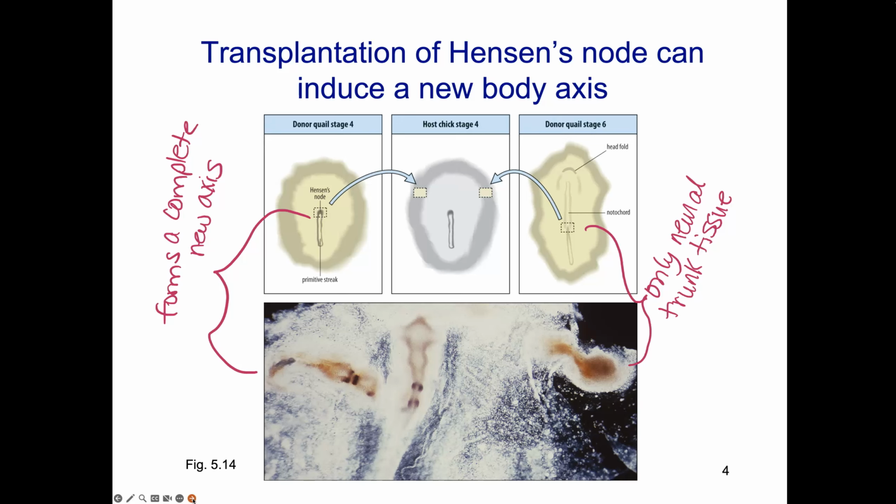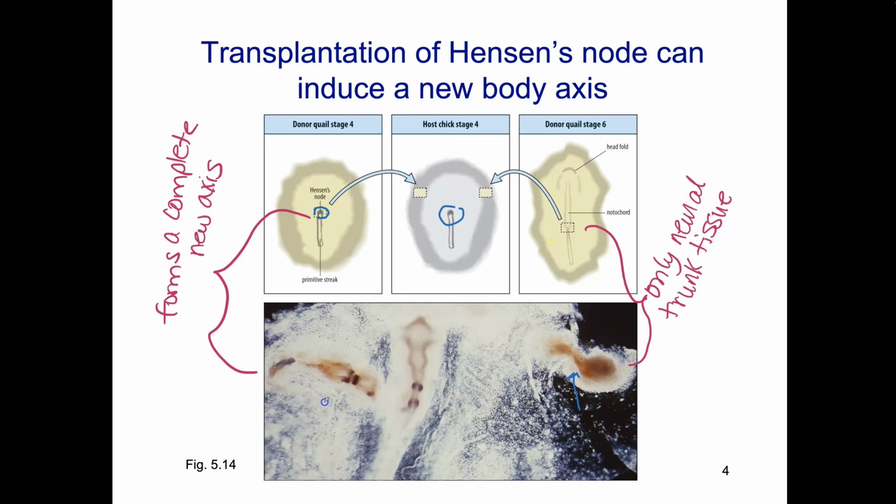Hensen's node is not like that. You can transplant a quail Hensen's node into multiple locations in a chick embryo with the Hensen's node already formed. And you can get the induction of additional body axes in this embryo.